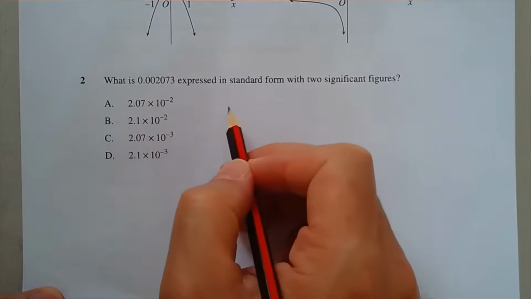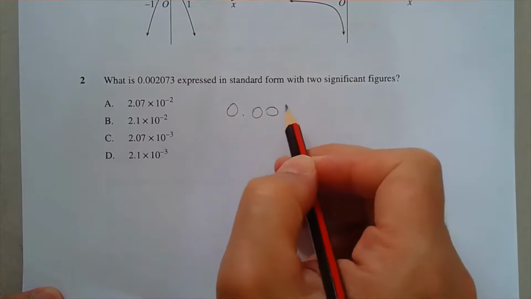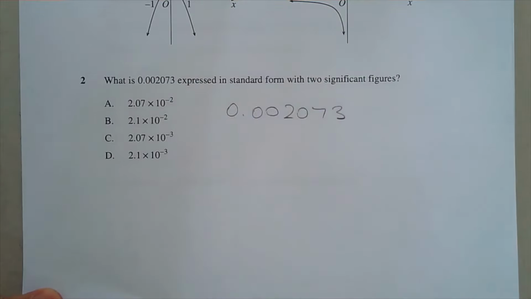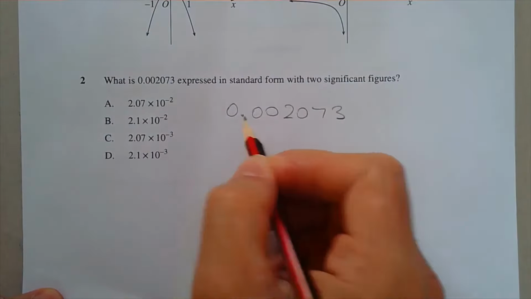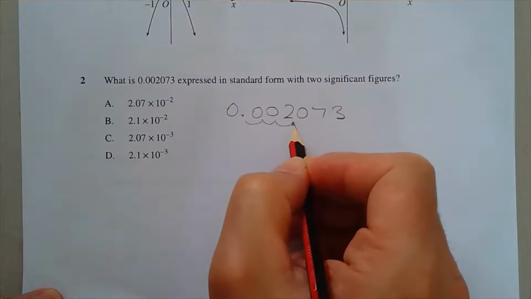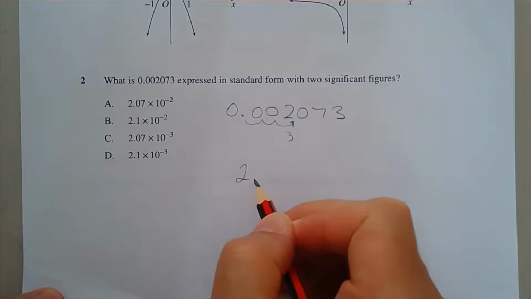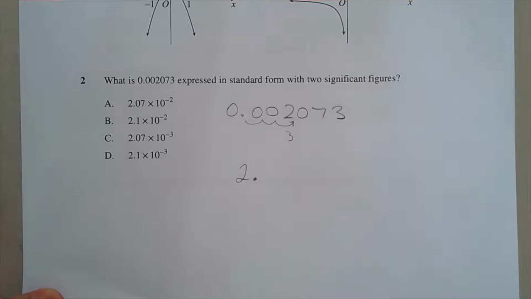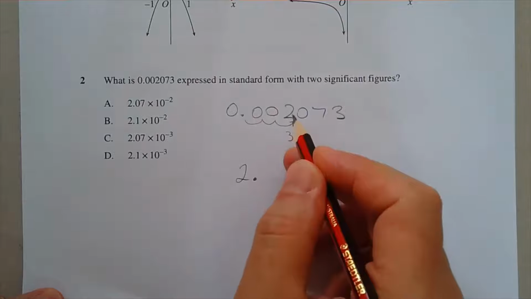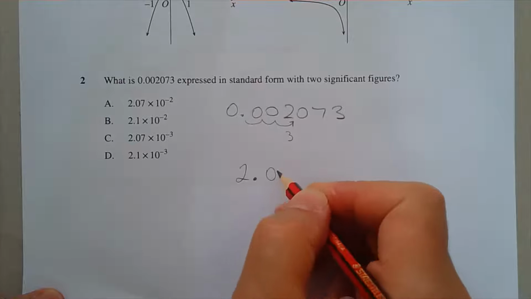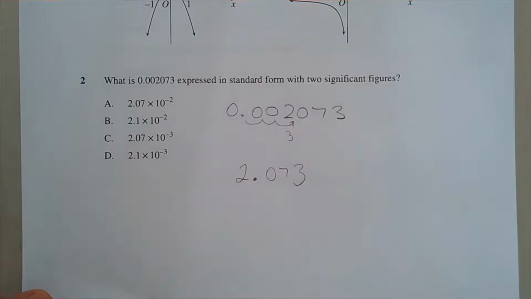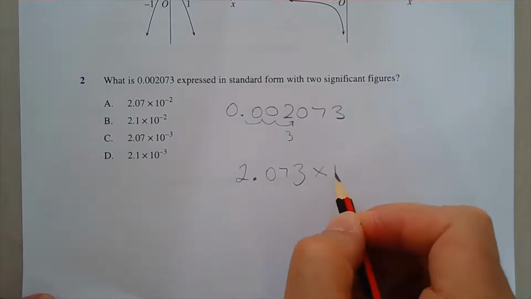So it's good to learn some of these non-calculator strategies. We're going to move it 1, 2, 3, so 3 places. And we write the number with the decimal point now moved, which is 2.073, multiplied by 10.